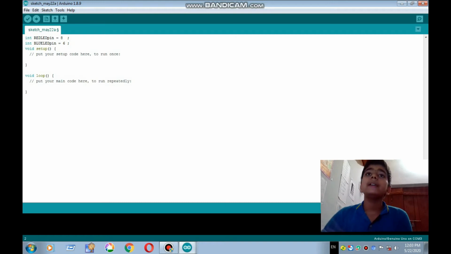And then we declare whether these LEDs are an input device or an output device. Here we are using these LEDs as output devices. So we write pinMode. PinMode means the mode of the pins, whether it is an output or an input.